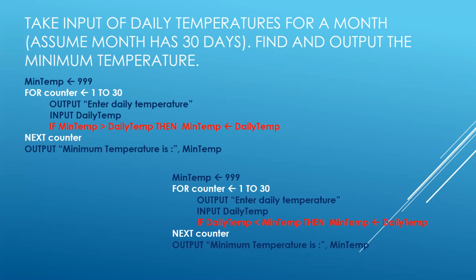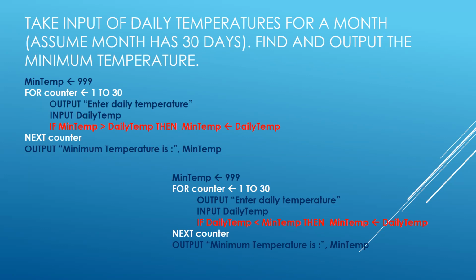Now you can see we have written handling minimum temperature in a different style. Again, the same thing. In the first example, we wrote min temp earlier and daily temp later. In the second one, the daily temp is written first and min temp is later. No worries at all. The work will remain the same, and you will be comparing the two values.